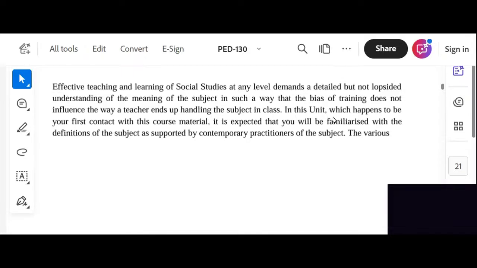In this unit, which happens to be your first contact with this course material, it is expected that you will be familiarized with the definitions of the subject as supported by contemporary practitioners of the subject.